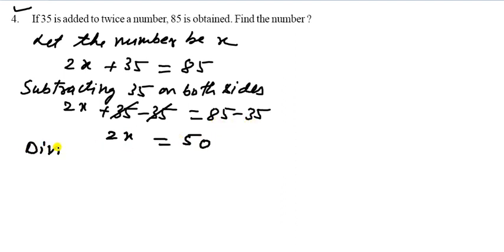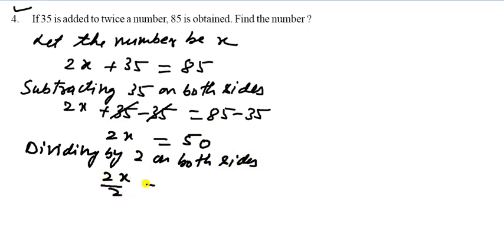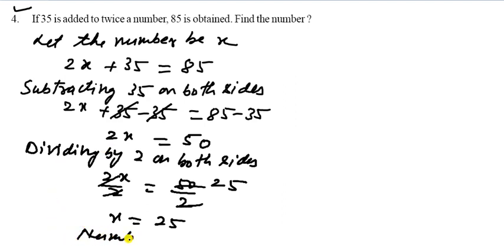Now dividing by 2 on both sides. So it will be 2x divided by 2, and here is 50 divided by 2. So 2 ones are 2 and 2 fives are 10. So here x will be equal to 25. So you have to write number equal to 25. Number is equal to 25 is your answer.